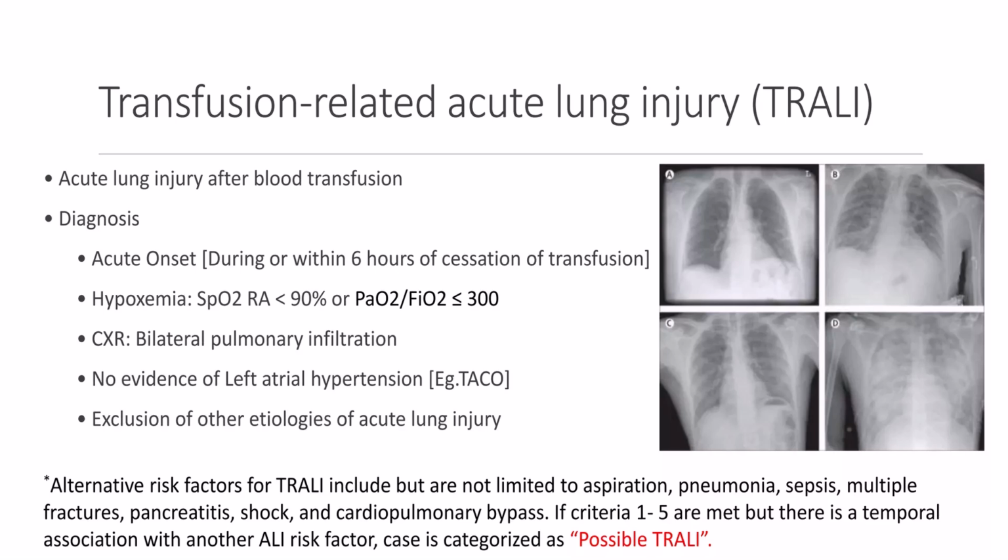Alternative risk factors for TRALI include, but are not limited to, aspiration, pneumonia, sepsis, multiple fractures, pancreatitis, shock, and cardiopulmonary bypass. If criteria 1 to 5 are met, but there is a temporal association with an alternative risk factor, then it can be categorized as possible TRALI.